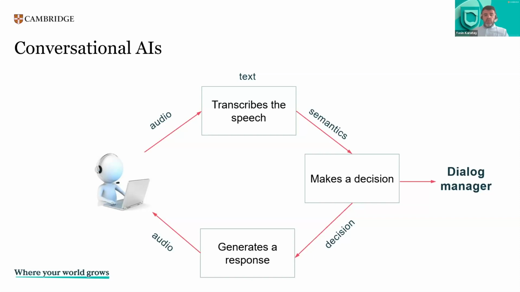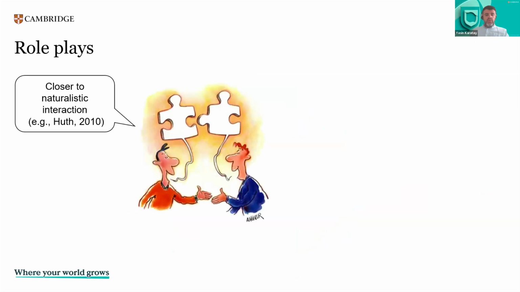But the question is, where can we use this kind of technology in our classrooms? Which tasks can we use it for? One interactive task that can improve our students' communicative competence is role plays, as you know. Role plays are closer to naturalistic interaction. In other words, they can simulate target language use or real-world communication better.